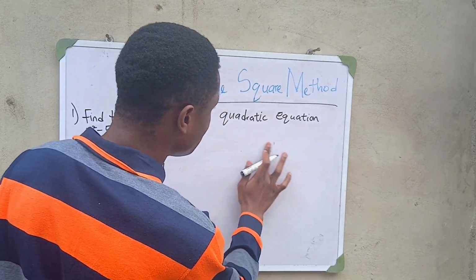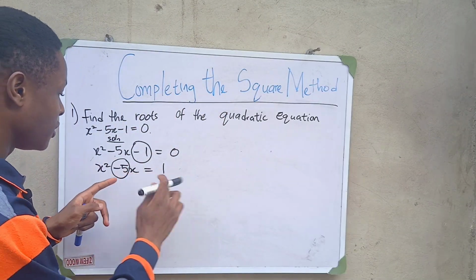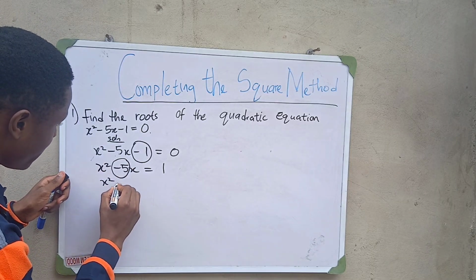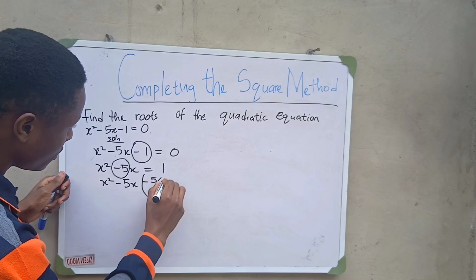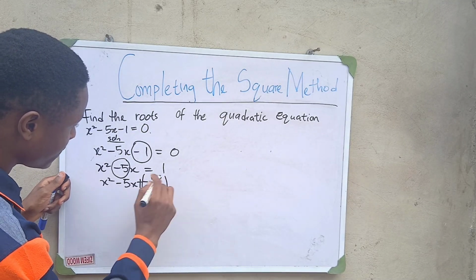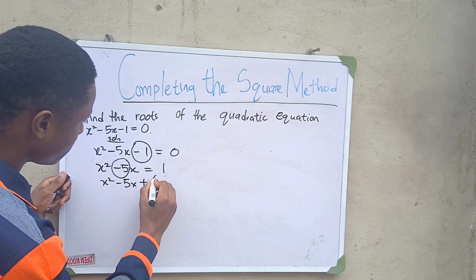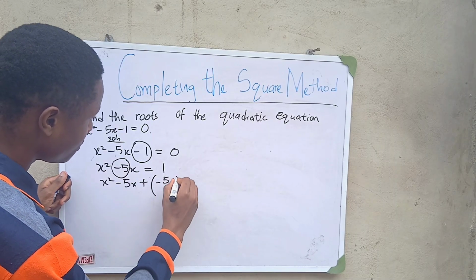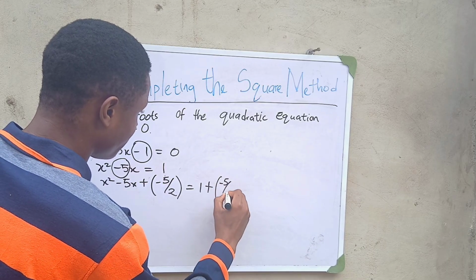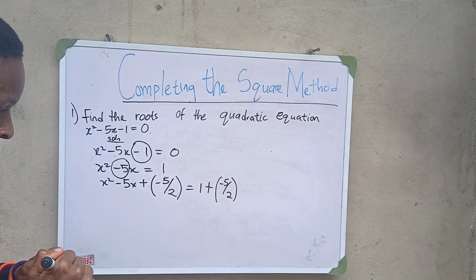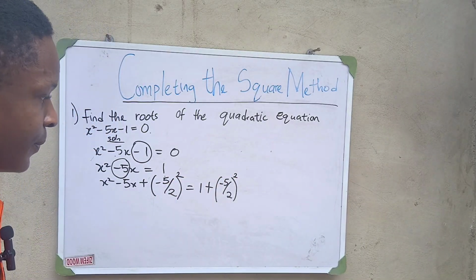After we finish solving that, we'll add it to both sides. So we'll have x squared minus 5x plus minus 5 over 2 squared, equal to 1 plus minus 5 over 2 squared.